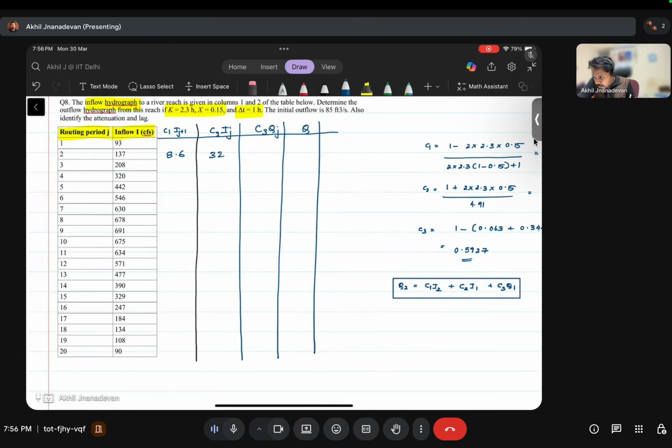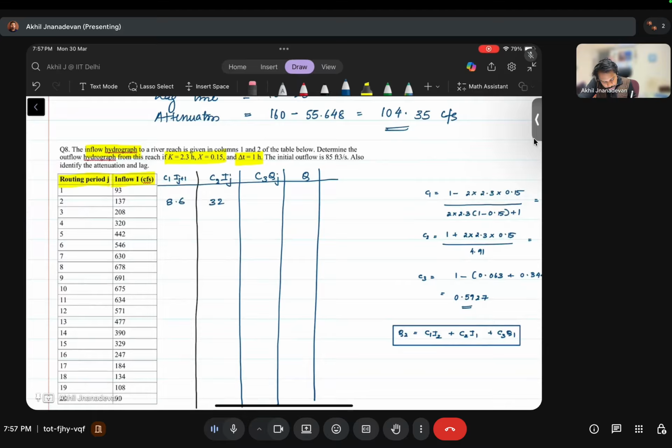And C3 into Q naught. Initially the initial outflow is given in the question, so it is 85. So C3 into 85 will be equal to 50.4, and if we add all this we'll be getting 91, right?